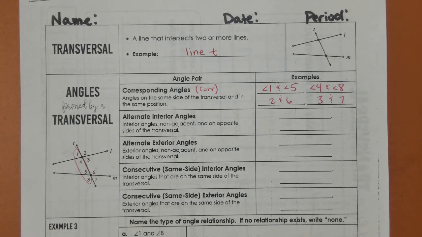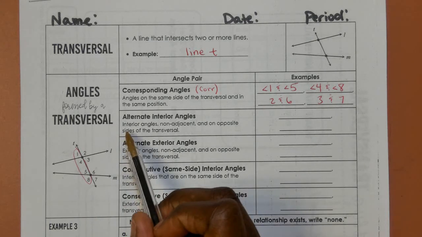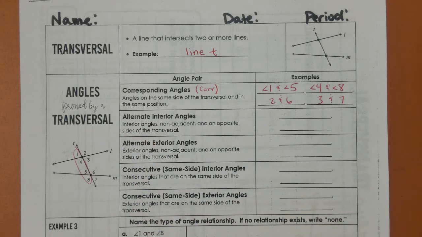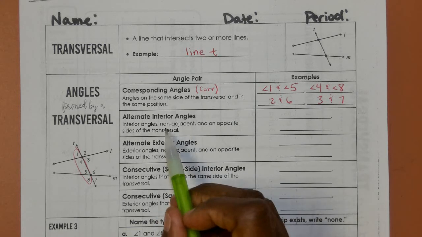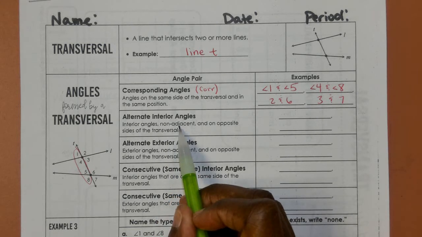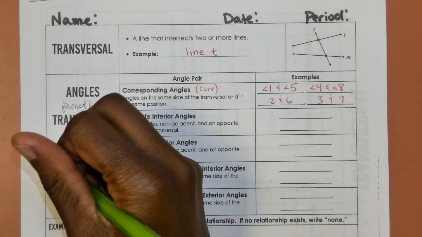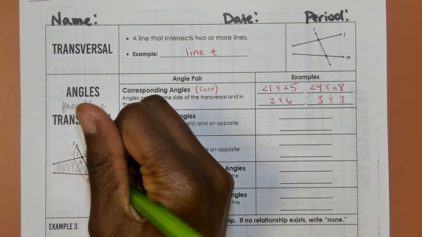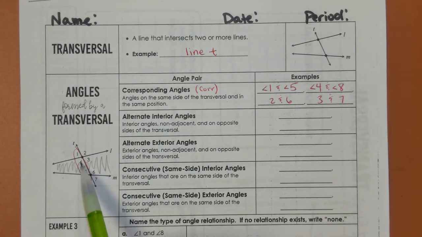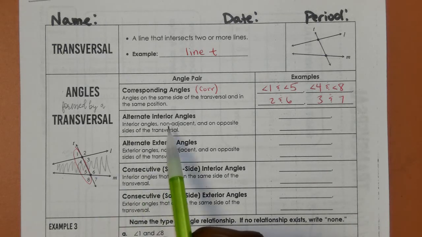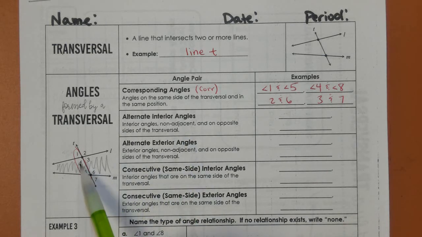Alternate interior angles are interior angles, so they're inside of the two lines that are being crossed. They're not adjacent, so they're not next to each other, and they're on opposite sides of the transversal. So inside the two lines, we have 3, 4, 5, and 6 as the options. They cannot be next to each other, so maybe 4 and then something down here.